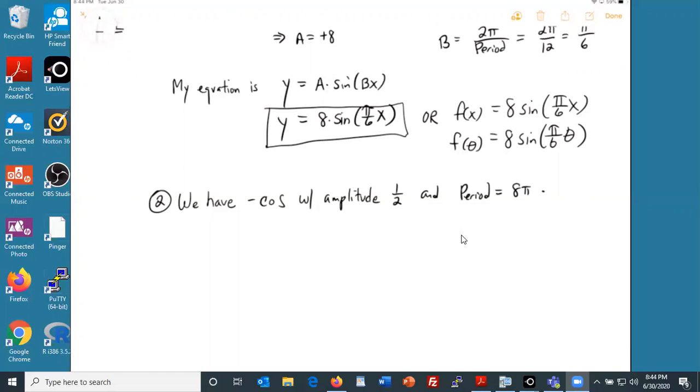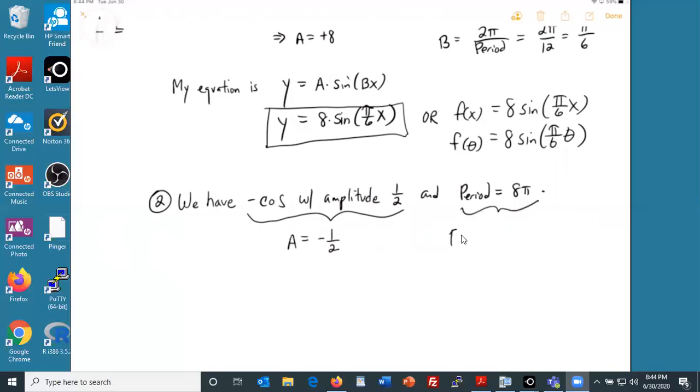Could you think to yourself real quick, what's the A value of this equation? Is it 1/2 or is it negative 1/2? Remember, you have to consider the type of graph that you have. It's a negative cosine function, so we need our A value to be negative 1/2. It has a very small amplitude. It only goes up to 1/2, so it's a very small graph.